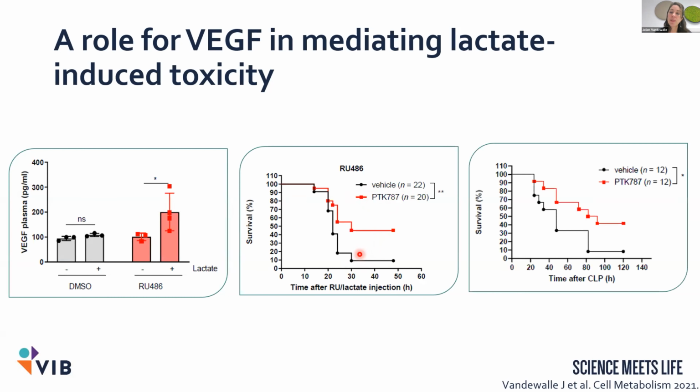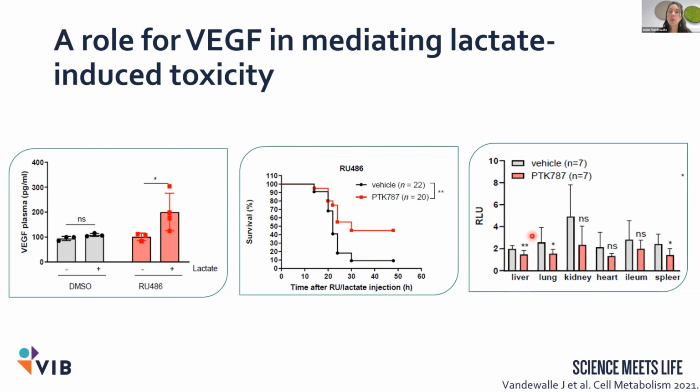The same is observed in our sepsis model: when PTK787 is administered to the CLP mice, we could reduce their sepsis lethality. This was also associated with reduced vascular permeability in most of the organs tested.